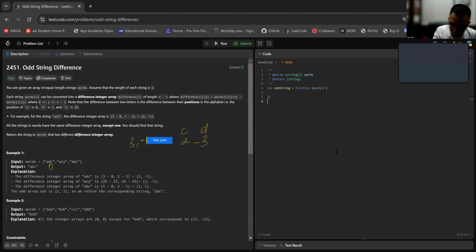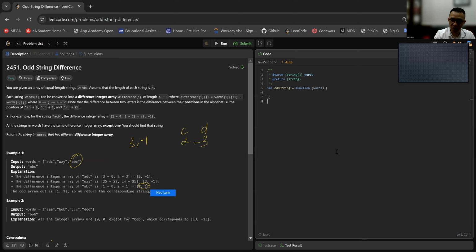Something like this, and we will find the same difference for the next word. And for the last word, they have a difference too. B is one letter away from A, so the difference is 1. C is one letter away from B, so the difference is 1, 1.